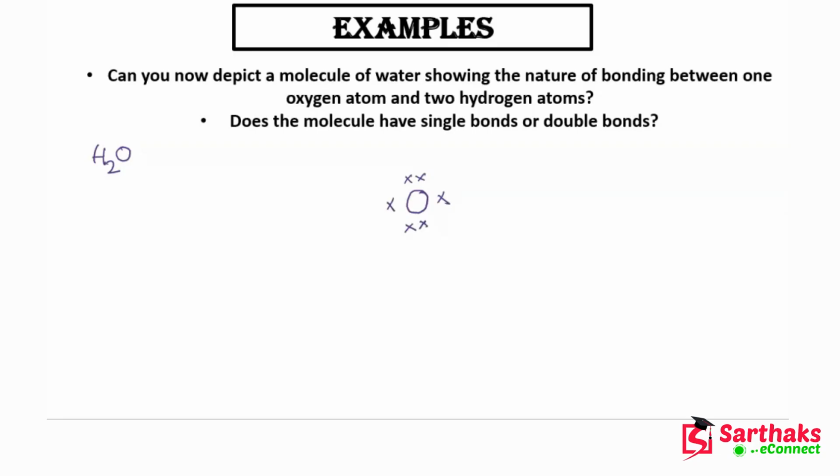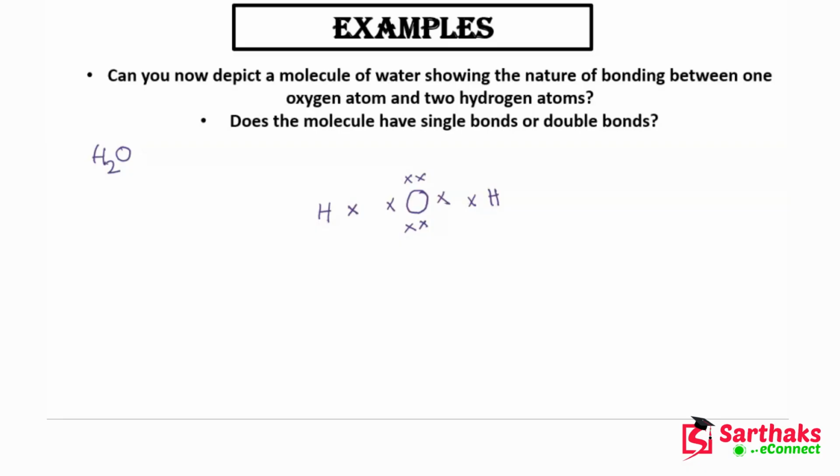Now guys, we also know that in the valence shell of hydrogen, or the K shell of hydrogen, there is 1 electron available. Now you can see that in H2O there are 2 hydrogen atoms. So this is another hydrogen atom and it has also 1 electron in its K shell.